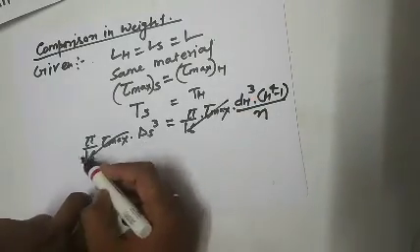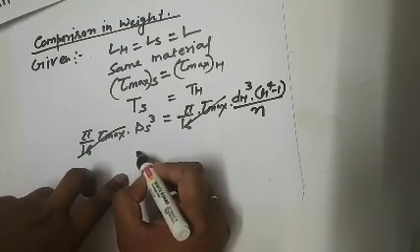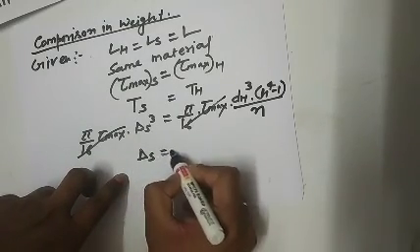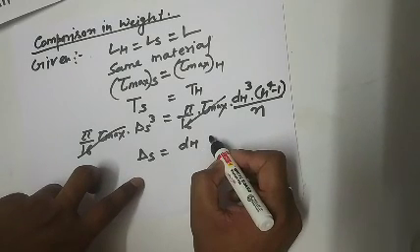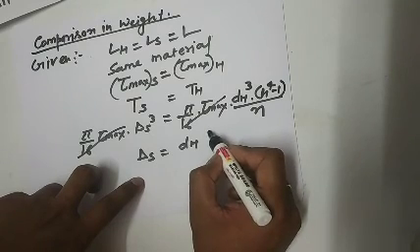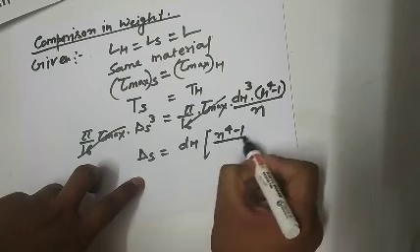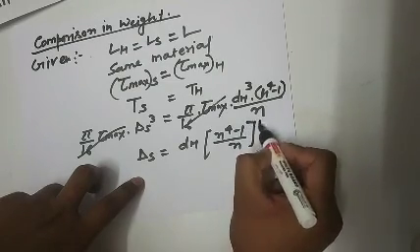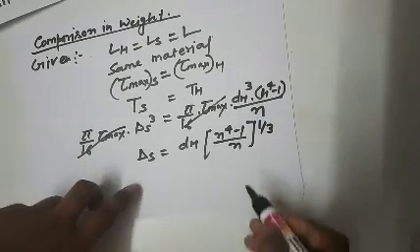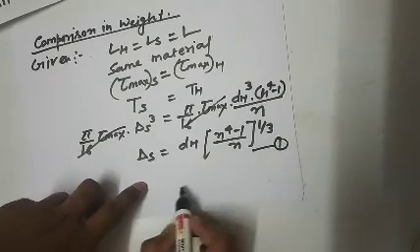This whole term is cancelled out. What we will have? Ts equal to Th, and Ds equals Dh into ((n to the power 4 minus 1) upon n) to the power 1 by 3. This is equation number 1.